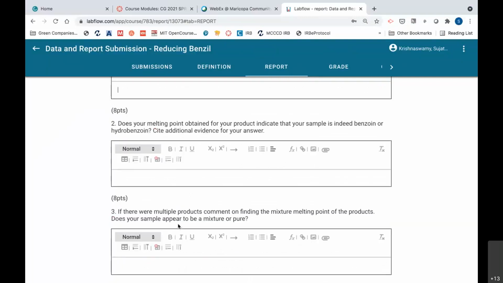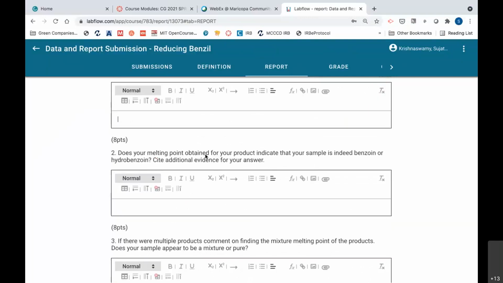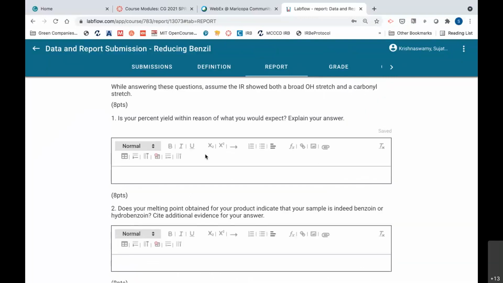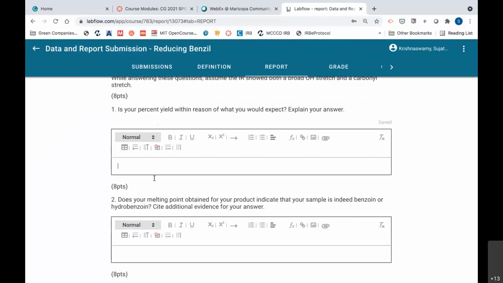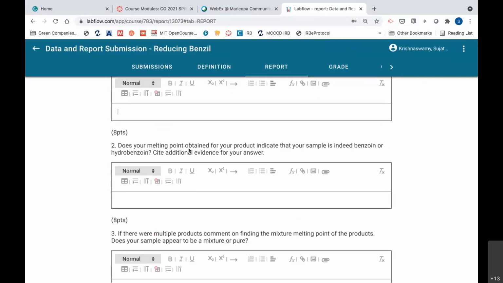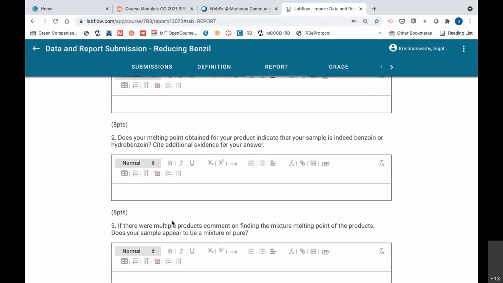You're not going to form both, but it could be a side product. So if you're not getting a very high yield, then maybe you've formed a fully reduced product. That's how you want to approach this. Does your melting point tell you your product is benzoin or hydrobenzoin? It tells you it's benzoin from the mixed melting point. Cite additional evidence. We will talk about that.